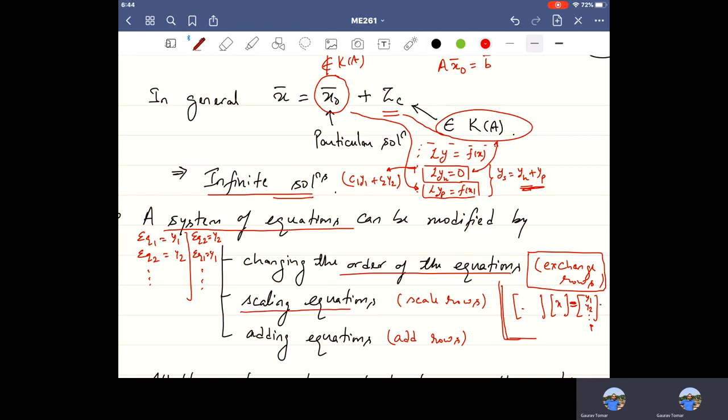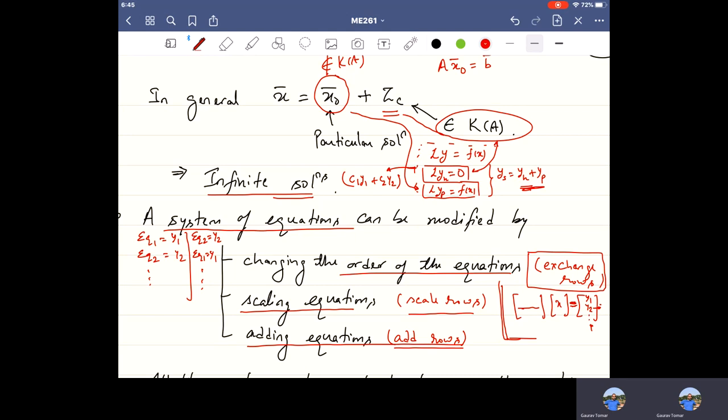Same way, if I scale one of the equations and scale the corresponding y component, that will not change the equation. So that's like scaling of rows. It doesn't change the nature of the mapping Ax equal to y. If I add equations, that means if I add rows to each other, adding and scaling and exchanging put together, that will also not change the equation.